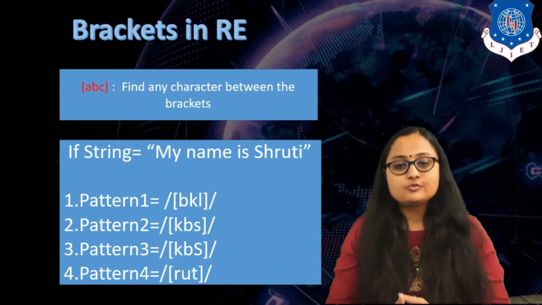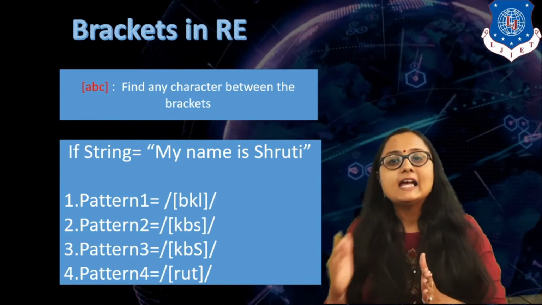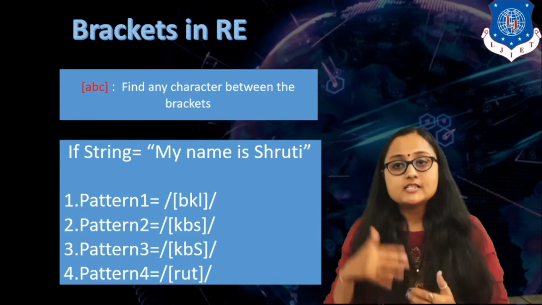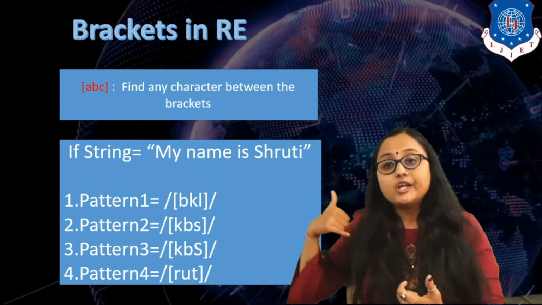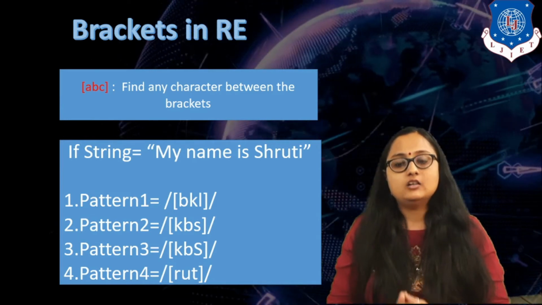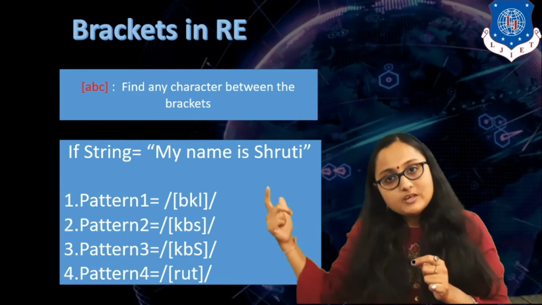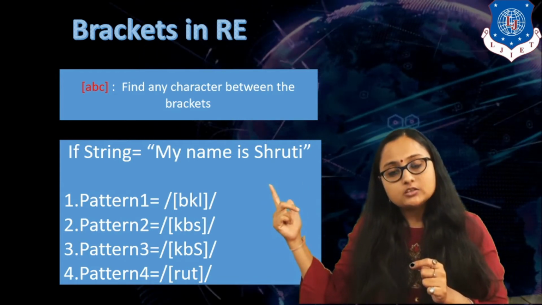Inside the first pattern you can see that I have a square bracket. Inside the square bracket I have written B, K, L. So these are the three characters that I need to match inside my string. Now BKL does not mean that exactly BKL in sequence should be present in the string.